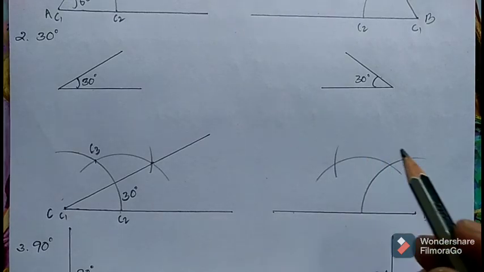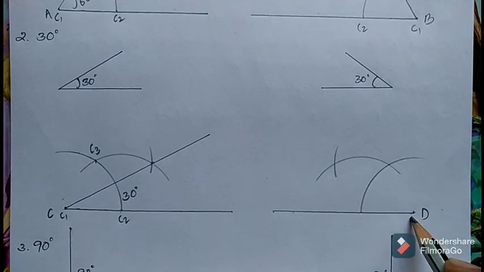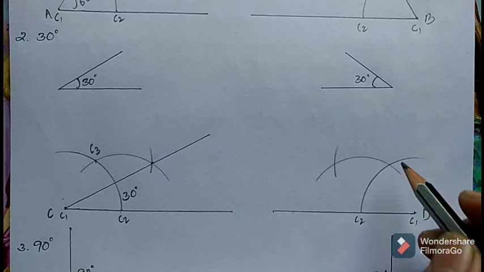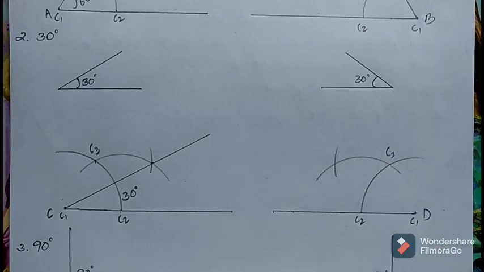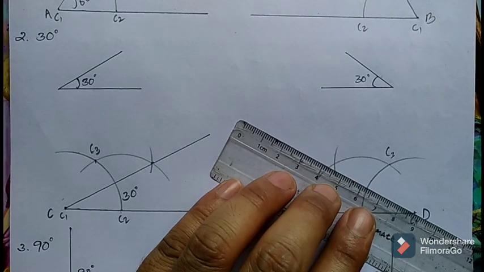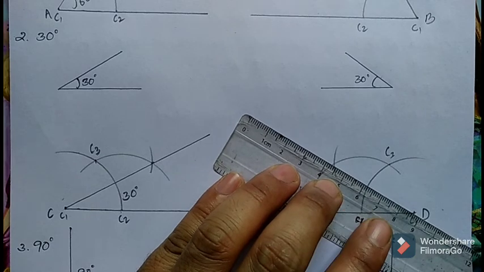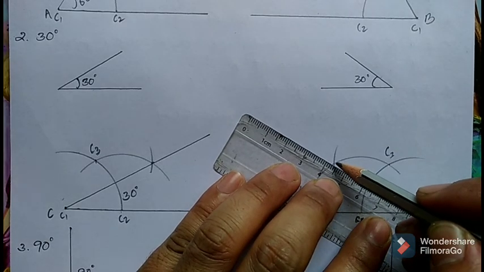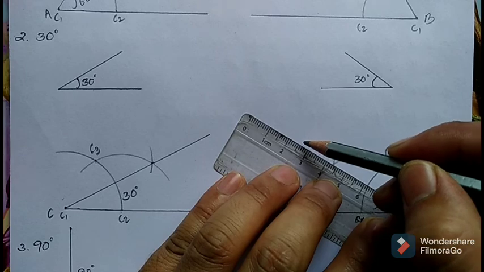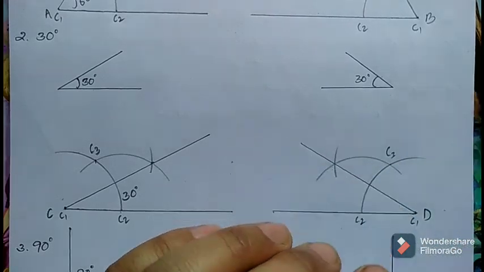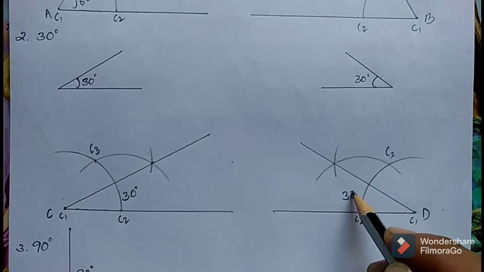Here, altogether there are 3 arcs, so this is the first center, this is the second center, and this is the third center. Then we join the first center and the intersection of the second and third arc. This angle is also 30 degree.